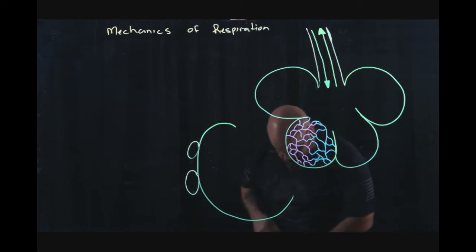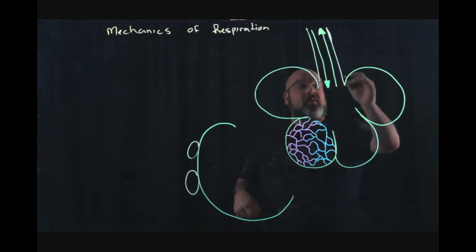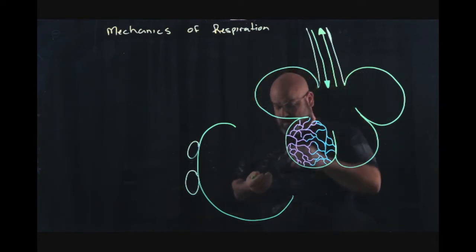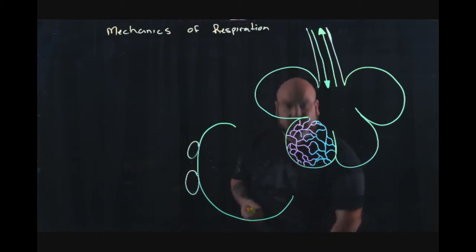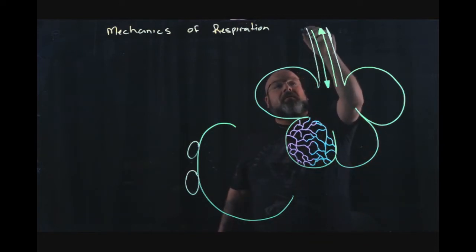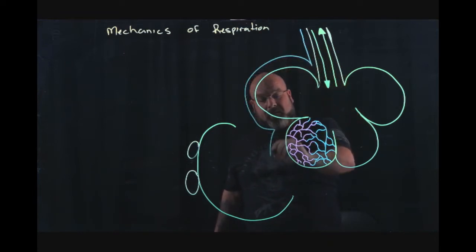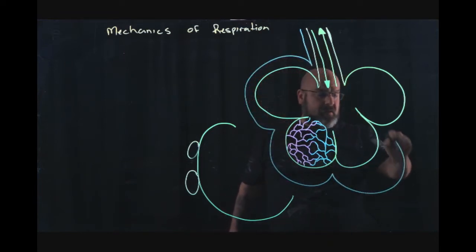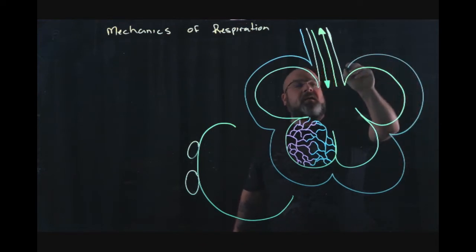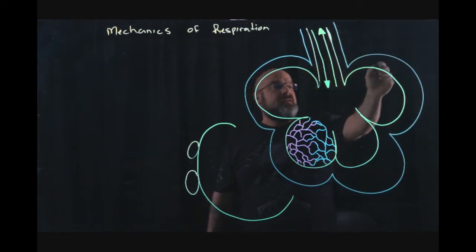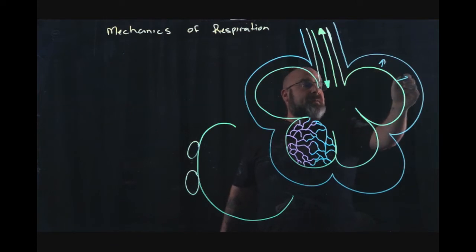So as we inhale, let's use a different color so we can see what we're doing here. The bronchial, capillary, or alveoli are going to expand. They're going to expand out in all directions.